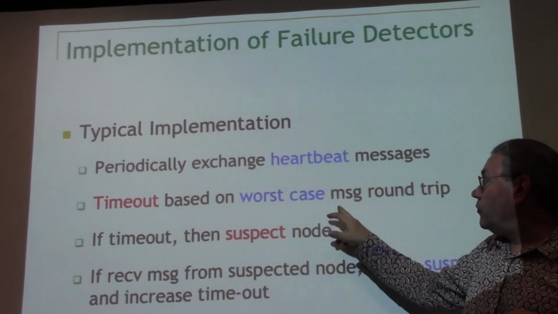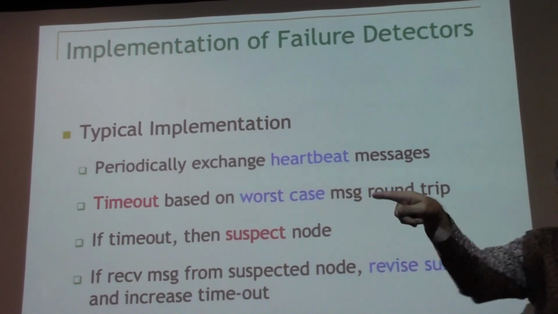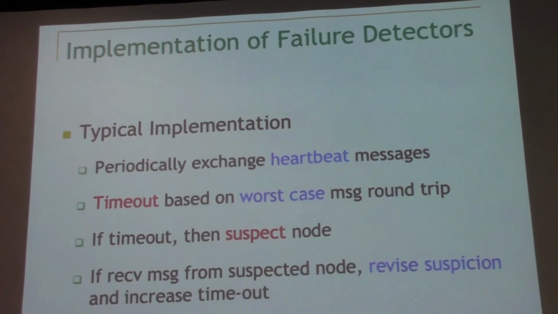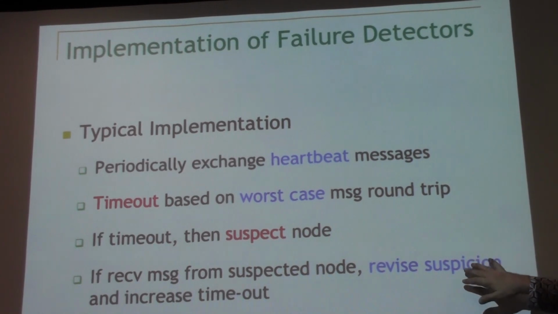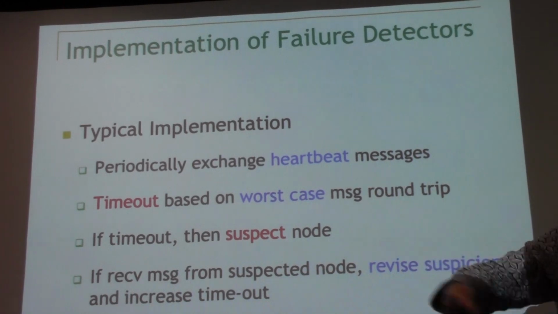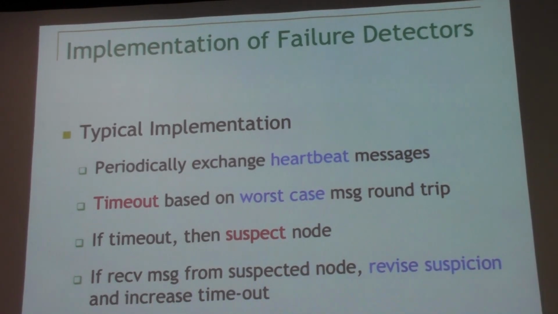If I do a timeout, then I suspect that node, maybe it has failed. But if I get the message just a little bit late, then I will revise the suspicion and say, actually, maybe the message is just taking long. That's kind of how it works. And we're going to spend a big part of today trying to really understand these two things, P and eventually P.